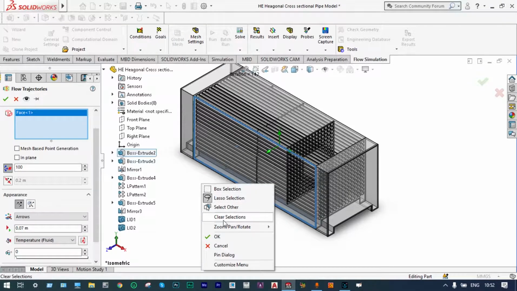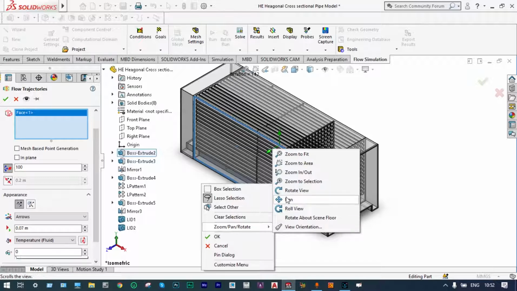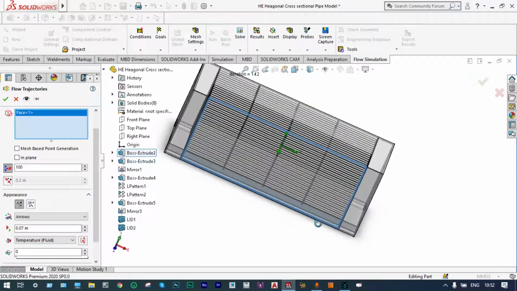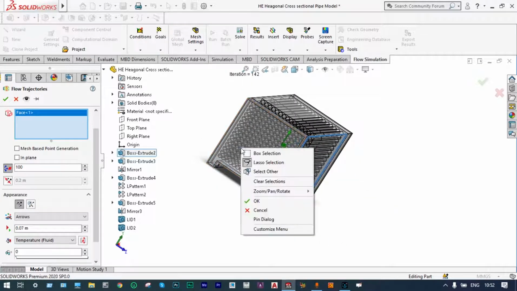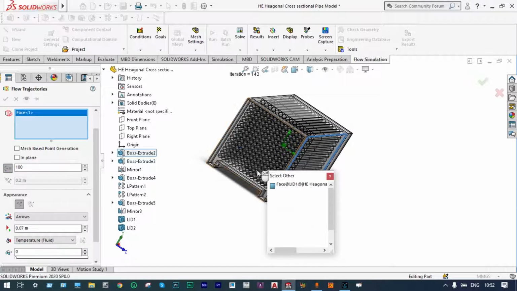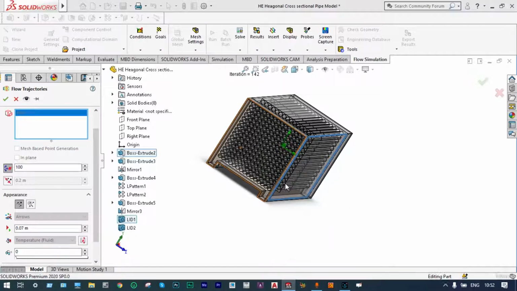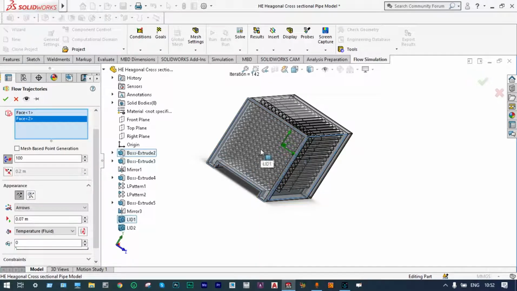Let us rotate a little bit and select that specific location. Select other, lid number 1 selected. So from both the locations we are able to see the dynamics of flow particles emerging out from these two surfaces, face 1 and face 2. Go and check.